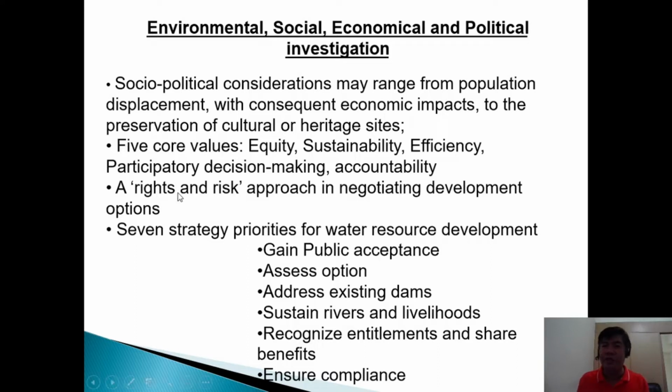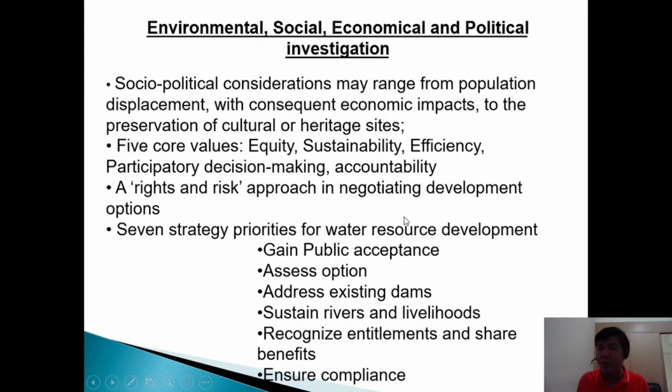Another one is participatory decision making, as it needs approval also from the different agencies and from the people that will be affected. Then, of course, the last core value is accountability. So all people involved should be accountable, not only the engineers that do the design, but there are a lot of aspects that should be considered.